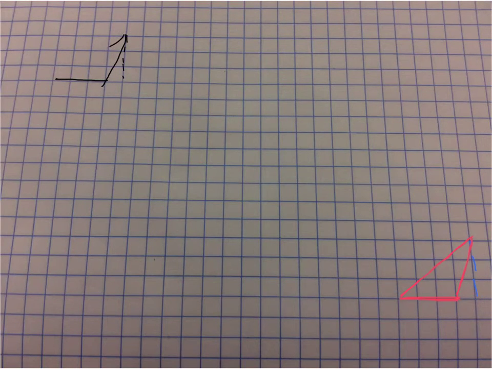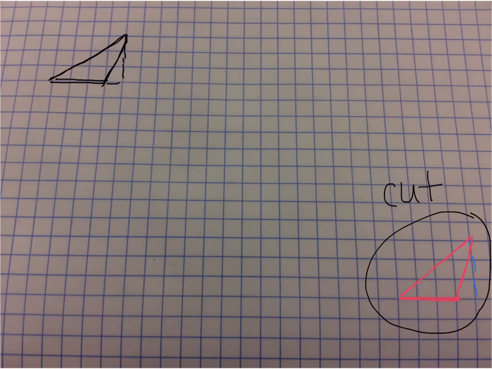Okay. I want you to redraw the same exact picture in the upper left-hand corner. But I want you to cut this one out. And after you cut it out, I want you to place it on top of here and see if they are exactly the same or not.